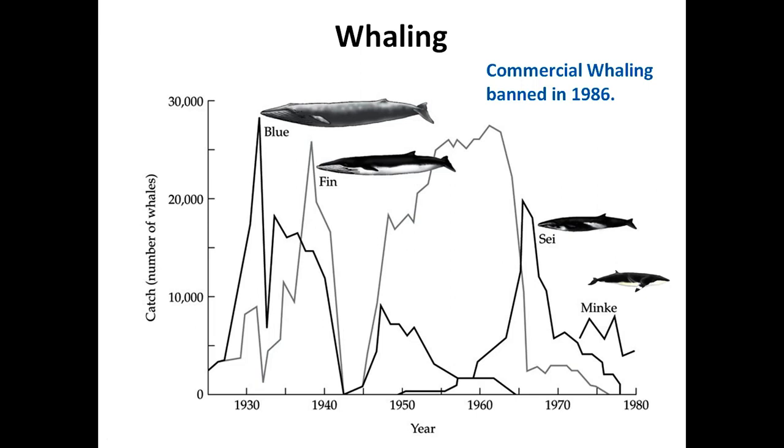They tried to maximize their profits by harvesting more of these relatively small whales, and their populations crashed too. This is a story of unsustainable harvesting, and as a result commercial whaling was banned in 1986. However, some nations are still doing whaling under the label of scientific work, but they are actually harvesting for profit.